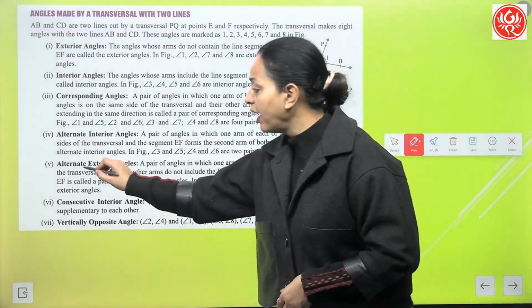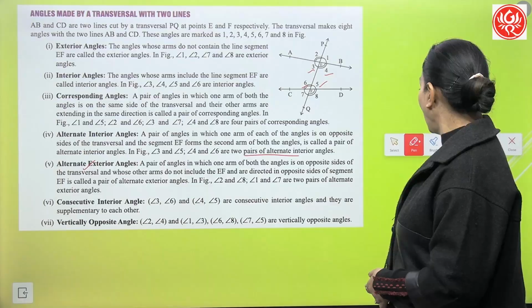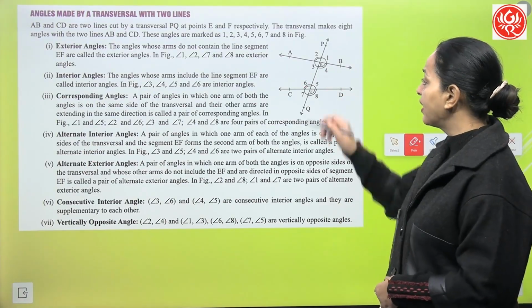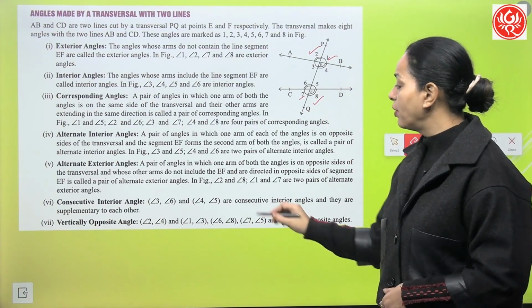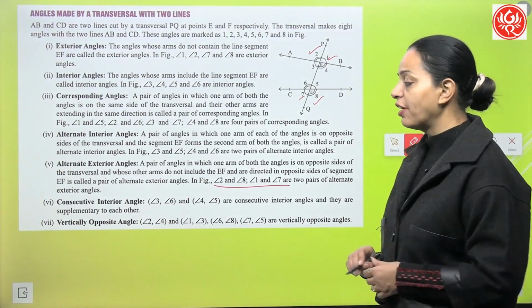ऐसे ही हमारे पास क्या है? Alternate exterior angles which are on the opposite side of transversal and both are exterior, like 2 and 8, 1 and 7. So these are two pairs of alternate exterior. Okay.